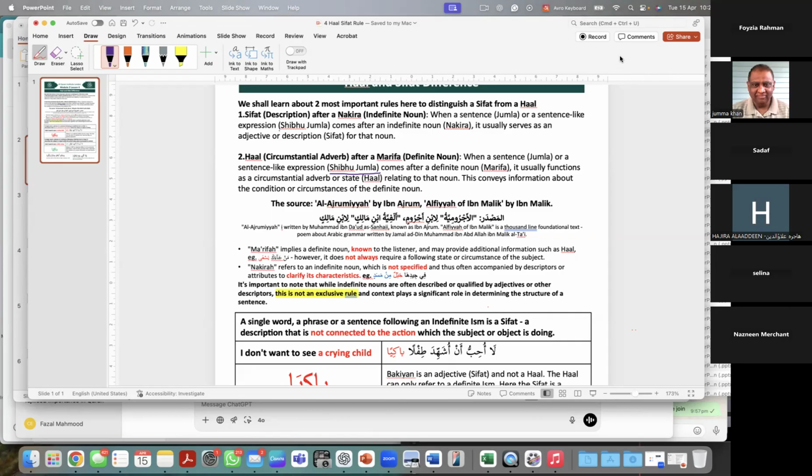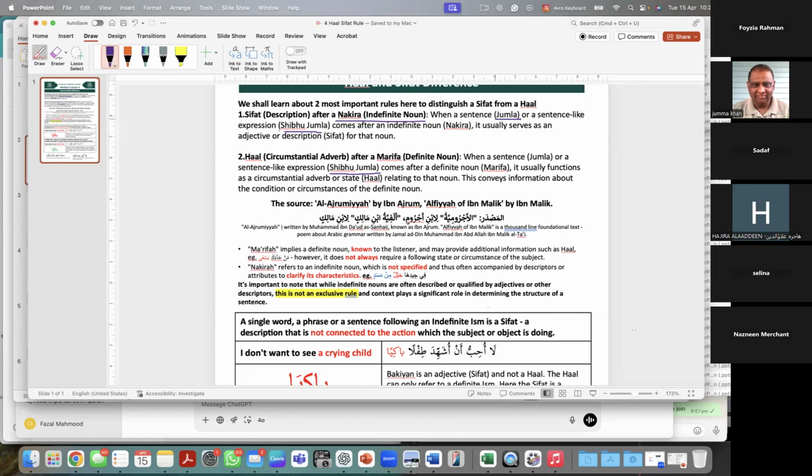So if there is a shibu jumla after a nakira ism, if there is a jar majrur shibu jumla or a full jumla we understand. If we find a verb, madi or mudario, that is a jumla. We all know that, alhamdulillah.